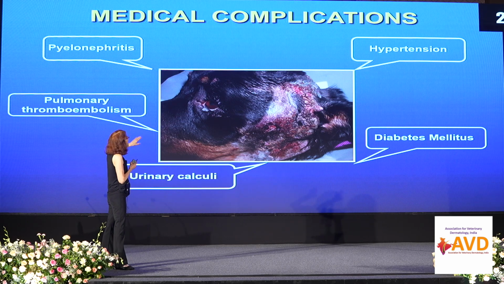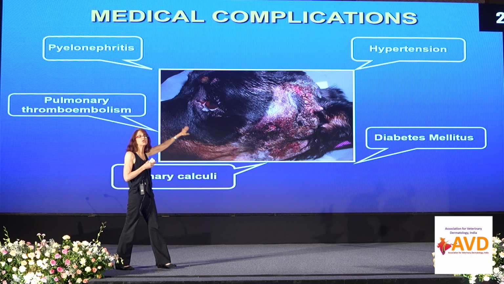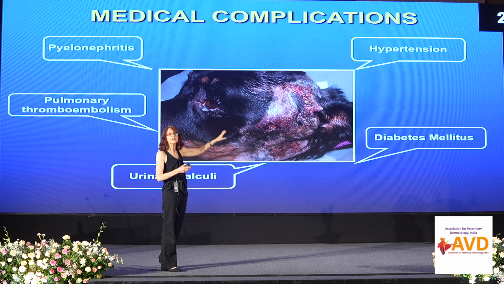Hypertension: glucocorticoids are important in controlling the blood pressure. If you have a population of dogs with Cushing's disease and you take the blood pressure, at least 50% are reported to have high blood pressure, okay?